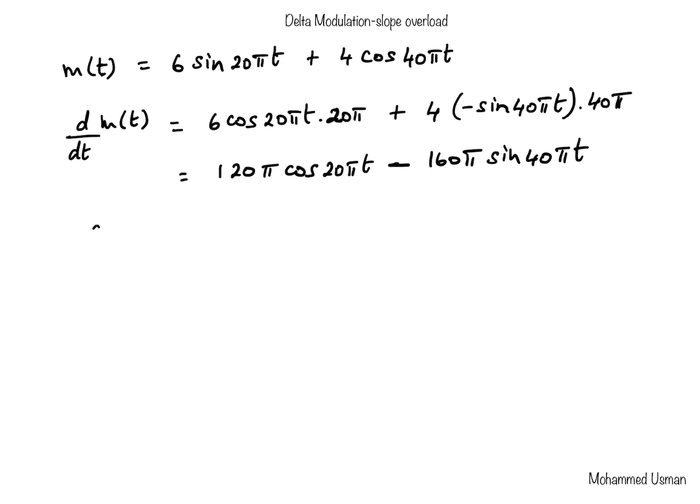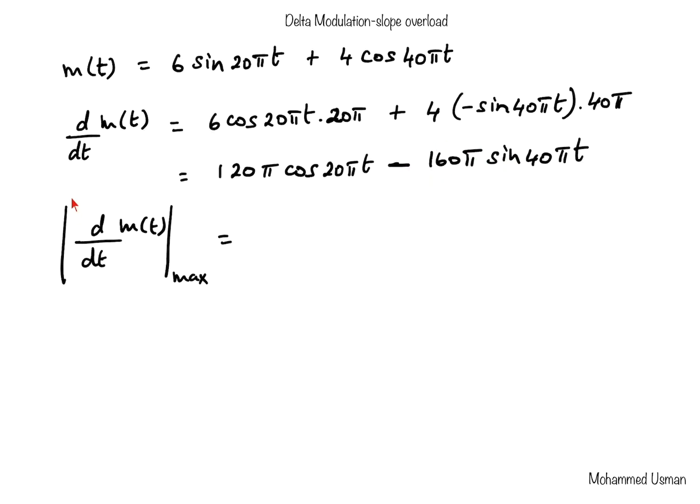Next, we are interested in taking the peak magnitude of d by dt of M of t, and we want to take only the magnitude of this, and we are interested in the maximum magnitude. So the peak magnitude of this first term, the cosine term, is 120 pi, and the peak magnitude of the second term, which is the sine term, is 160 pi.